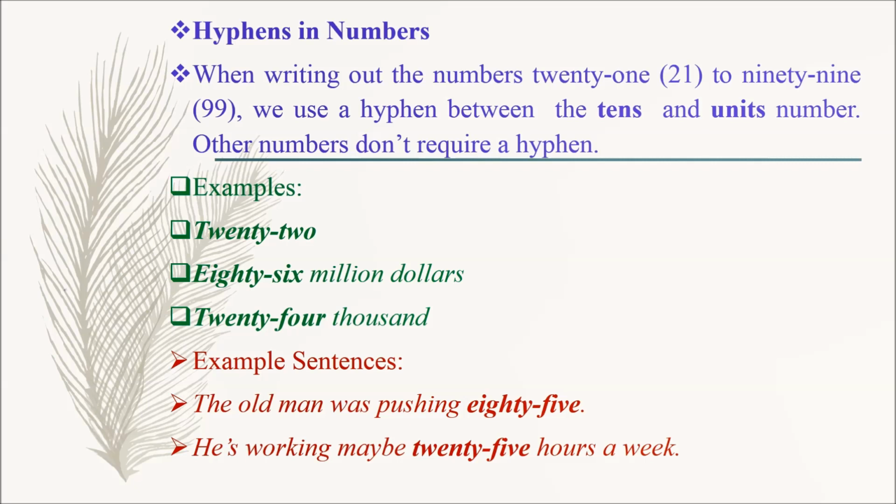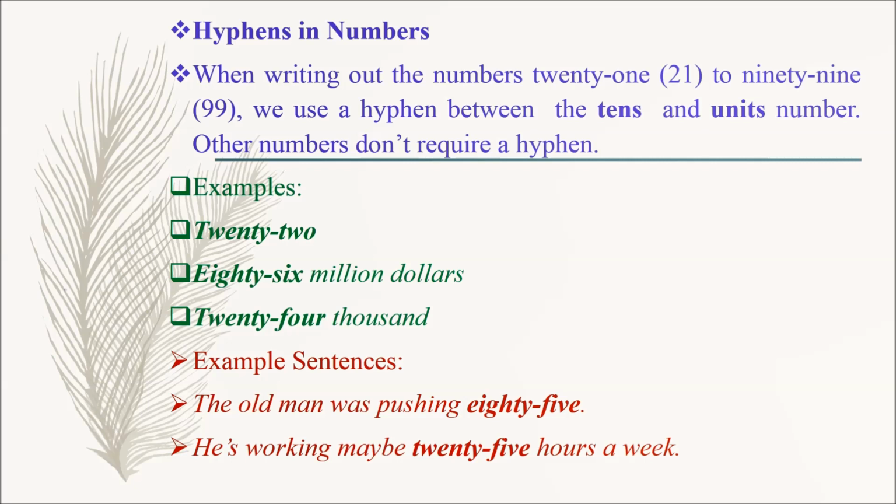When writing out the numbers 21 to 99, we use a hyphen between the tens and units number. Other numbers don't require a hyphen. Examples are twenty-two, eighty-six million, twenty-four thousand.